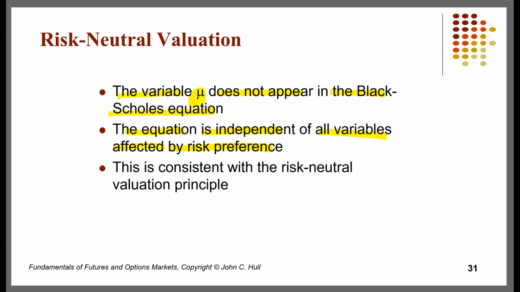Mu is the primary variable affected by risk preference, because that's the expected rate of return on the stock, and that is a function of risk. But if you're using a risk neutral world, or you're assuming no arbitrage, then you get rid of that. You're earning the risk free rate, so you're substituting mu with the risk free rate, and that's why Black-Scholes uses R there. And this is consistent with the risk neutral valuation principle. That's the no arbitrage rule that we have with Black-Scholes.